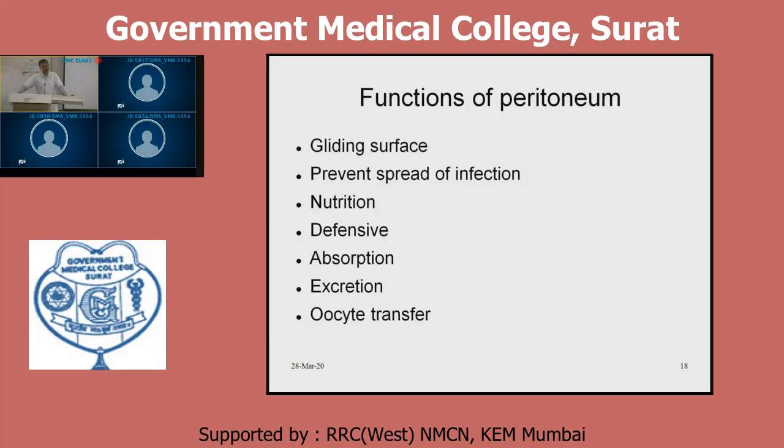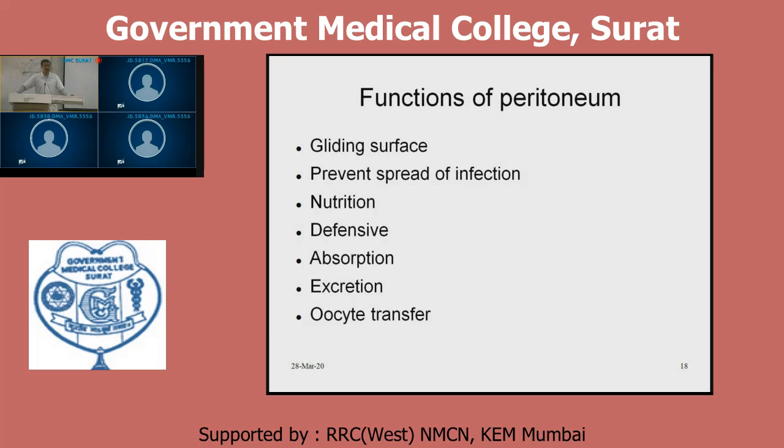It can excrete some substances like urea also. Then in female, after ovulation, oocyte will transfer through this cavity. Therefore, this peritoneum will help in transfer of this oocyte in female.